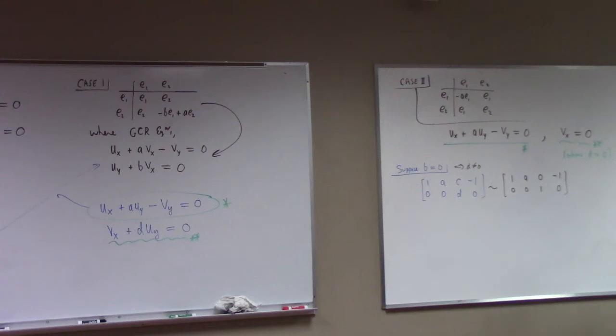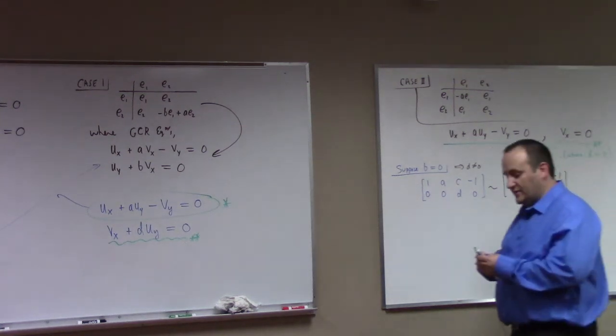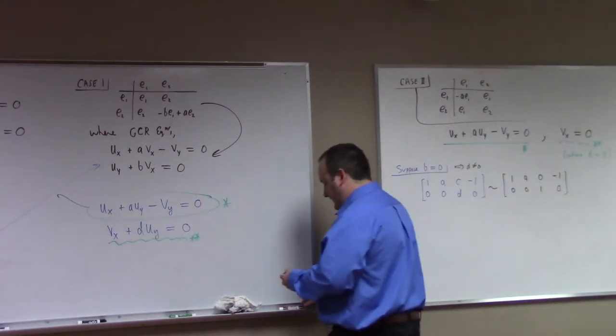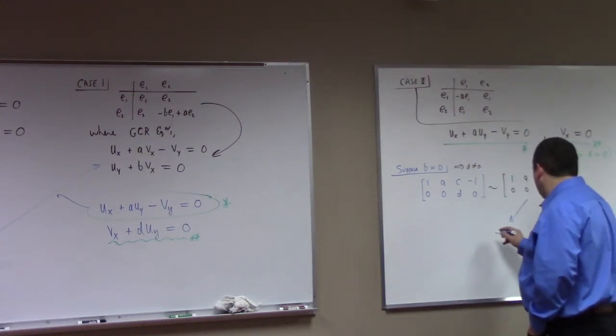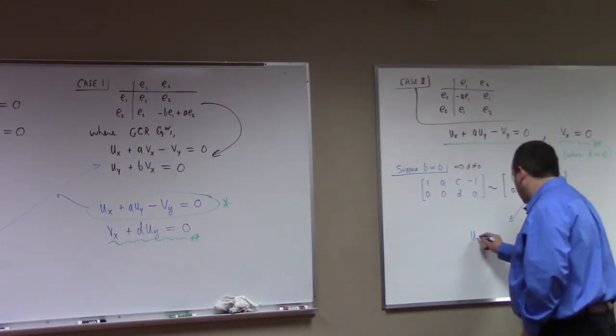Now, what set of Cauchy-Riemann equations does that give me? What's our notation here?